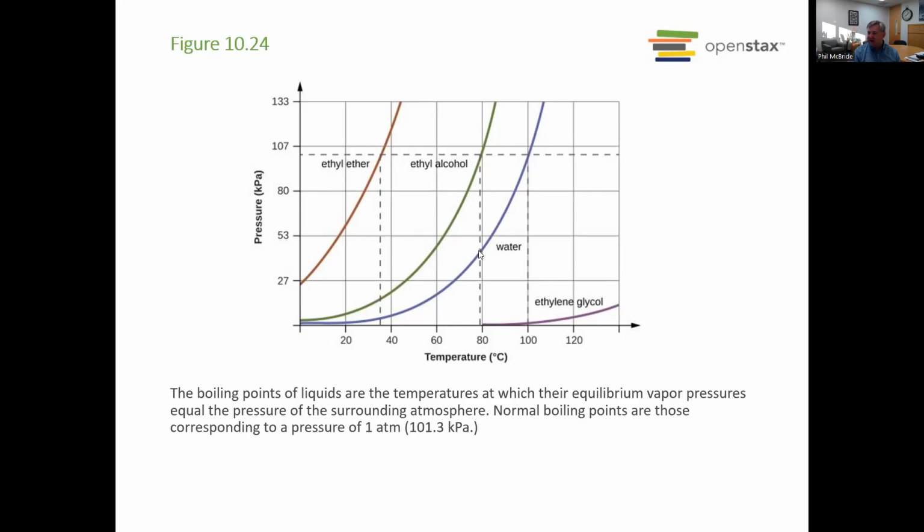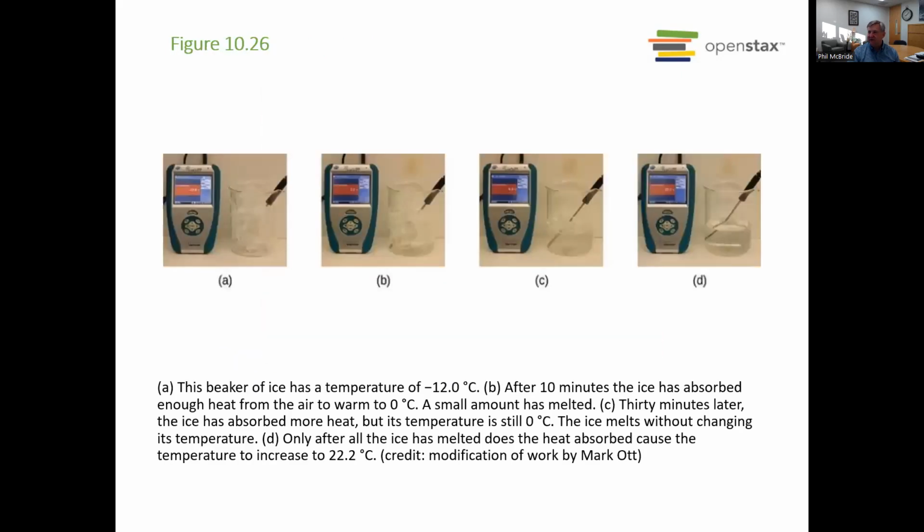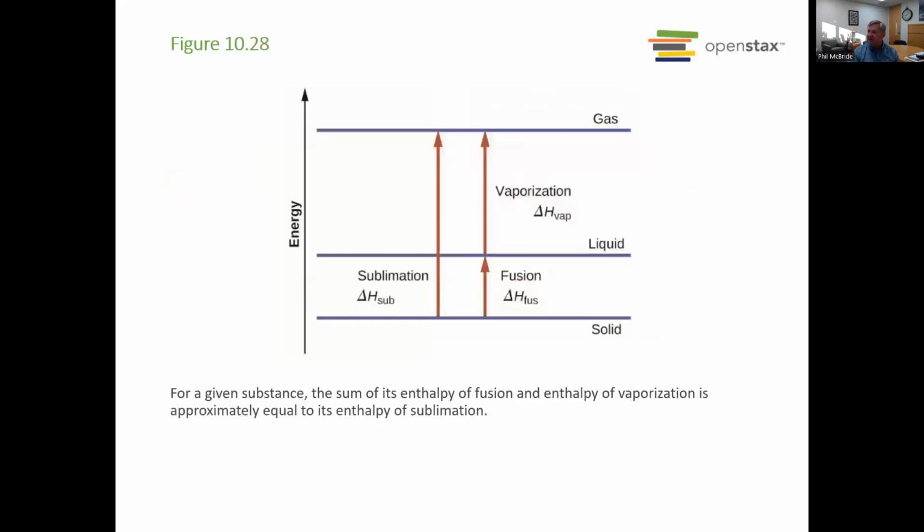So when you're at a pressure of 27 kilopascals, your water is going to boil at around 68 degrees Celsius. So you see, as you reduce the pressure, the boiling temperature decreases. And that's true for any liquid that you have. And we're not going to worry about the Clapeyron equation.